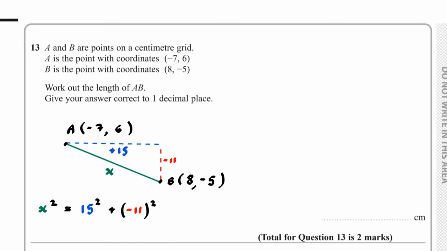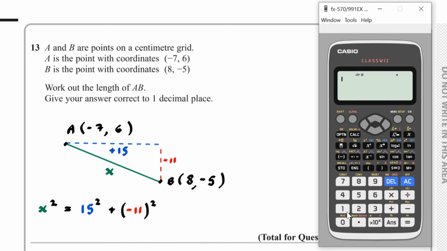So if I work out what x squared is, 15 squared plus minus 11 squared, that's 346. And to find out what x is, we square root.